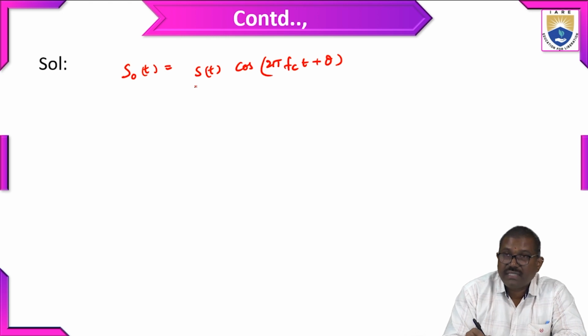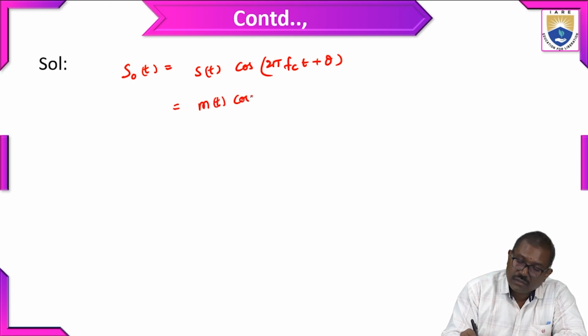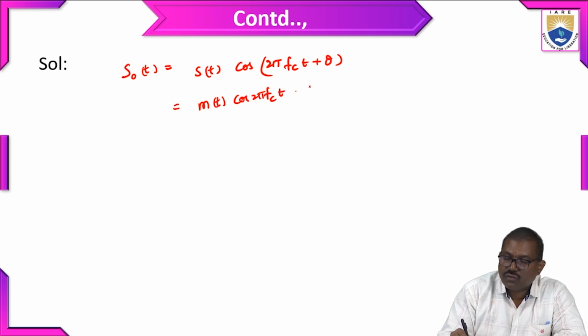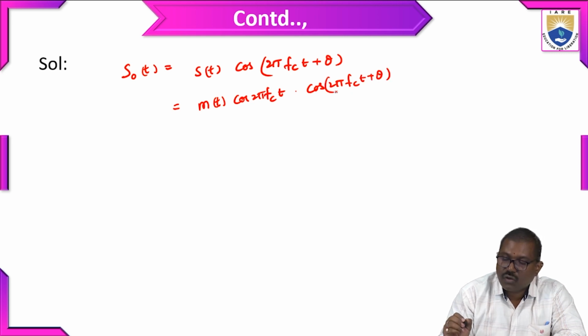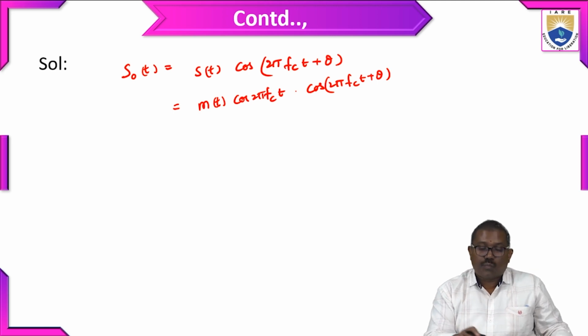What is s(t)? s(t) is nothing but the DSB signal, m(t) cos 2πfct, times cos(2πfct + θ). So this is the product.